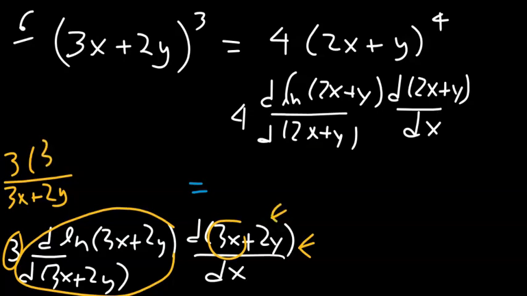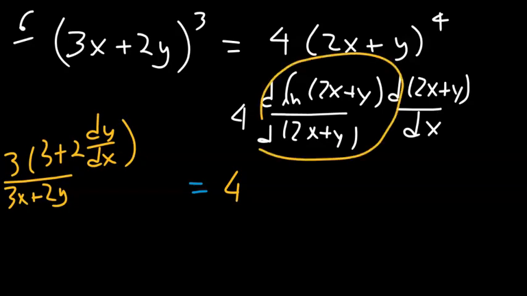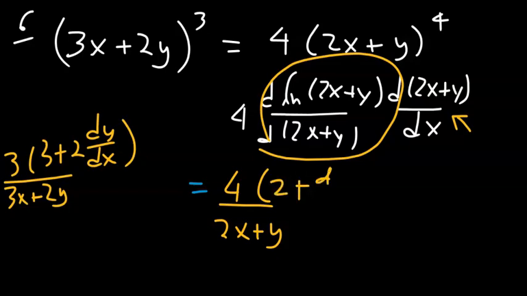The second term will give you 2 dy/dx. Let's do the right-hand side. 4. This will give you over (2x plus y). Now that one, differentiating 2x with respect to x is 2. Differentiating y with respect to x is dy/dx.